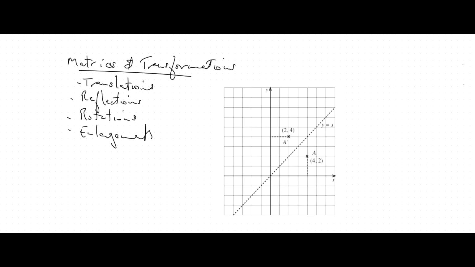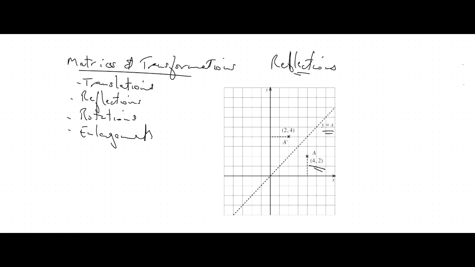So what we have here is a point A, and we have a line y equals x. Now we are reflecting. As I said, we're going to start with reflection.